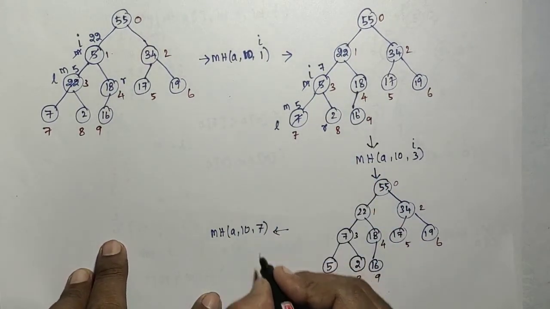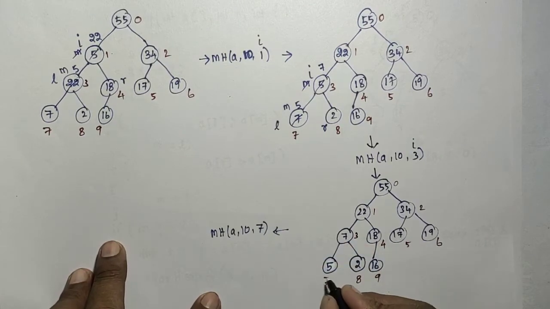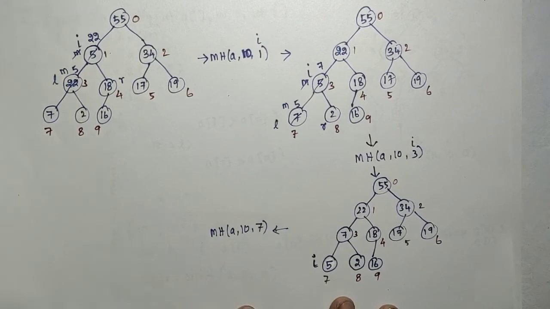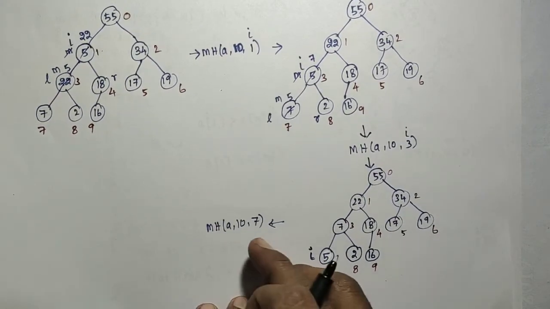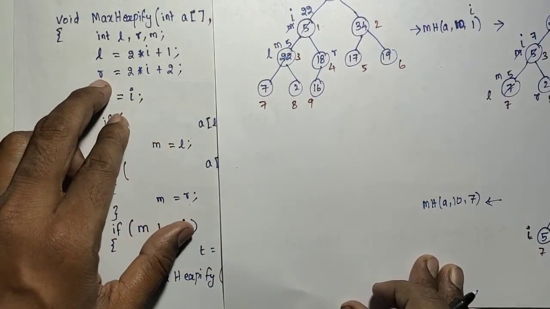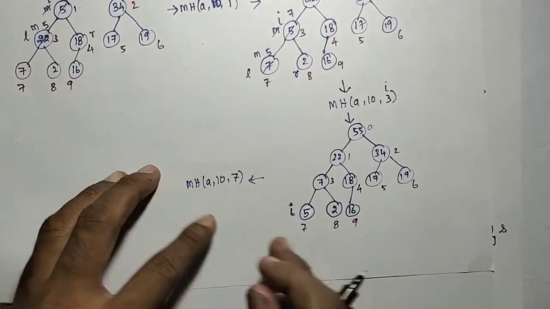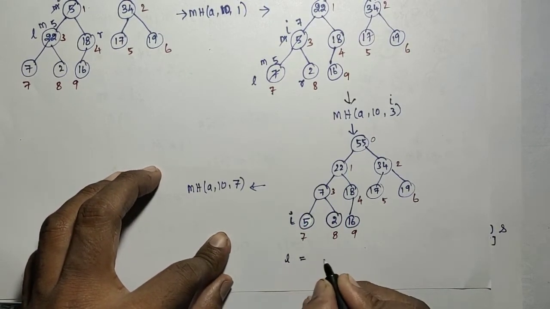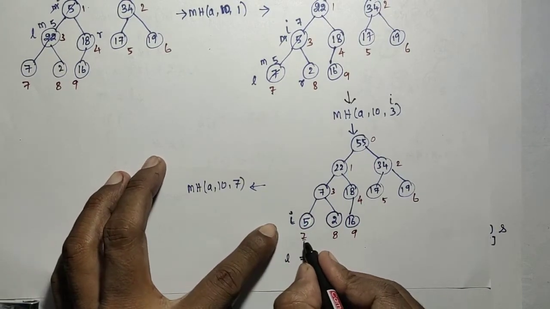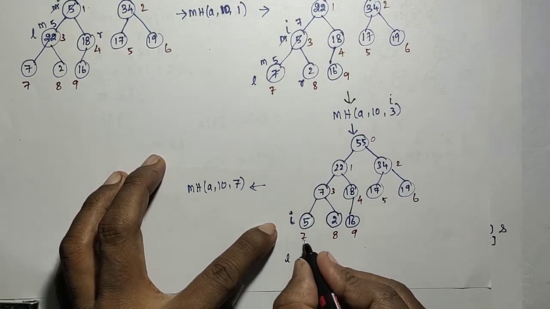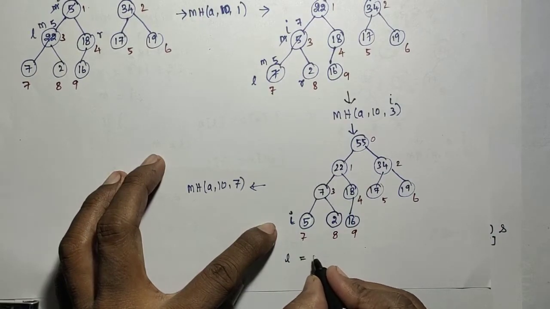Now 7 will be marked as I, correct? In this call, we are calculating the left and right of that I. L of I is 2i plus 1, so 2 into 7 is 14, 14 plus 1 is 15.